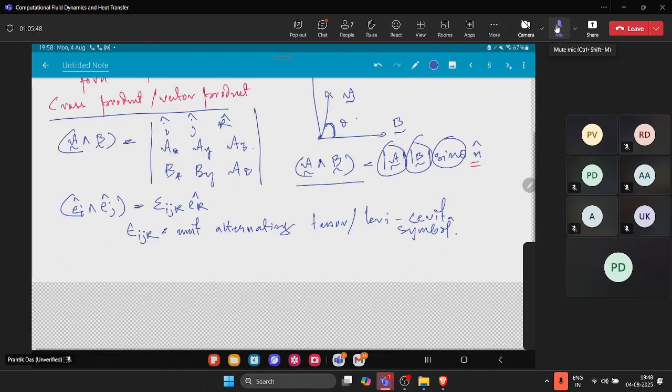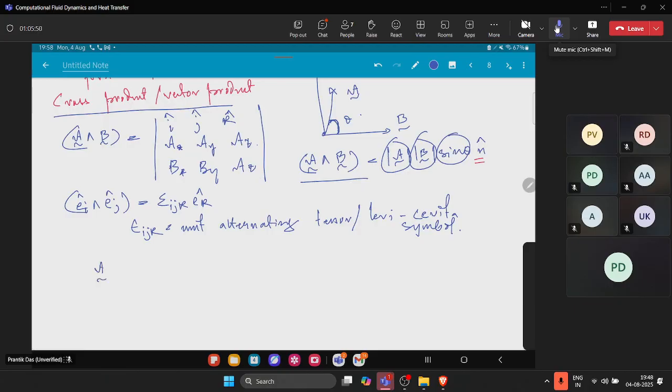So if I want to write A cross B, I can write it in index notation. With this sign convention I can use epsilon ijk ek cap. So epsilon ijk is equal to 1 if i, j and k are moving in this direction.